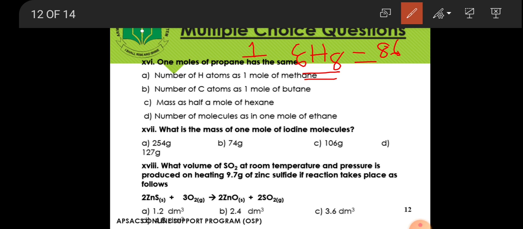And the question says half a mole of hexane, meaning the mass of 0.5 mole of hexane will be 86 divided by 1 multiplied by 0.5, and the answer will be 43 gram.